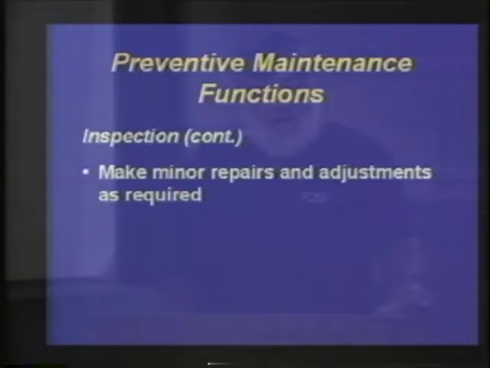Now, here you're going to have to establish the time that a craft person that's performing PM can take to do a minor repair or adjustment. Most supervisors will let the PM person spend up to a half hour to make that minor adjustment or repair.